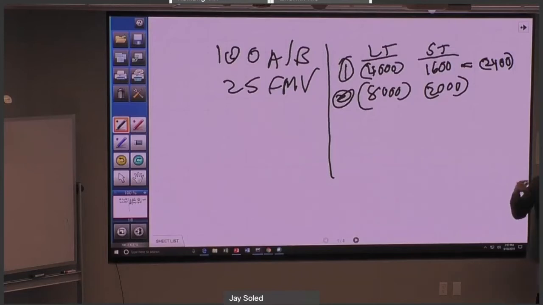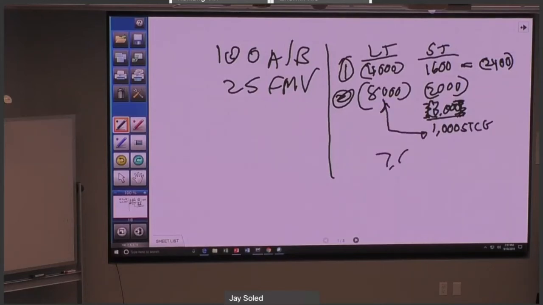But what it does, and the authors point this out, under Code Section 1212(b), it creates a fictitious gain of 3,000 that eliminates the short-term loss, creating a 1,000 short-term capital gain, which would be netted against the long-term.